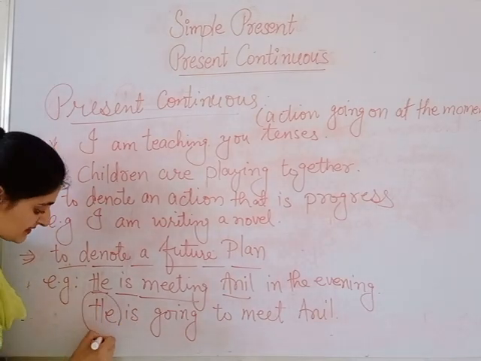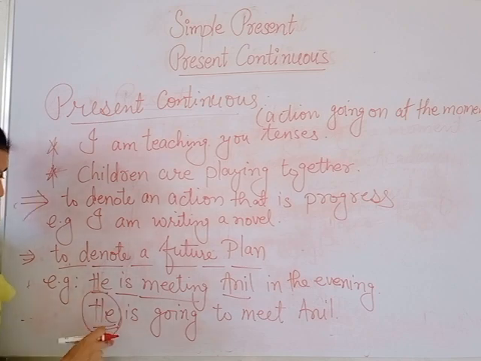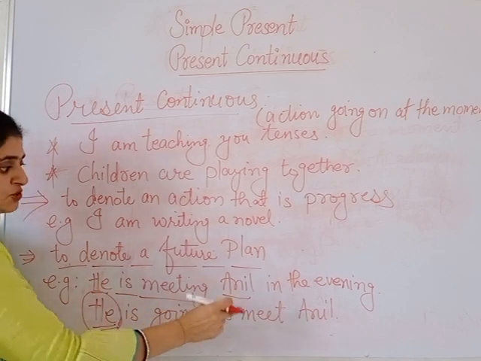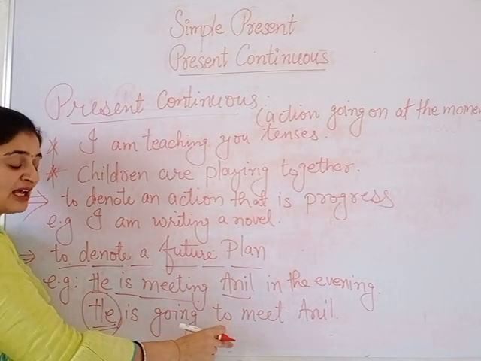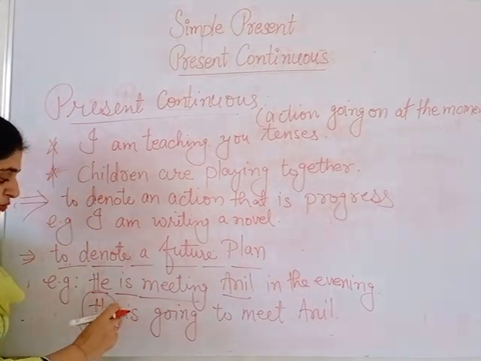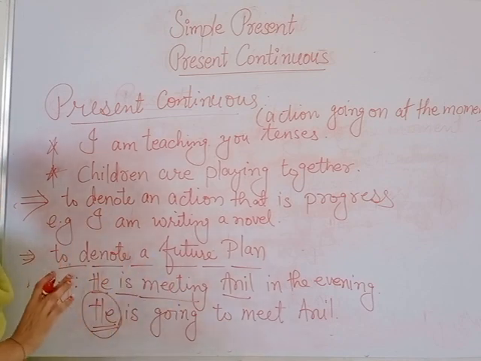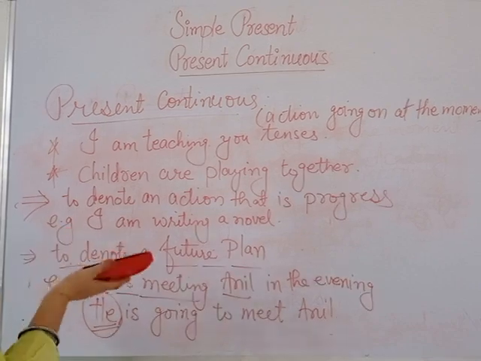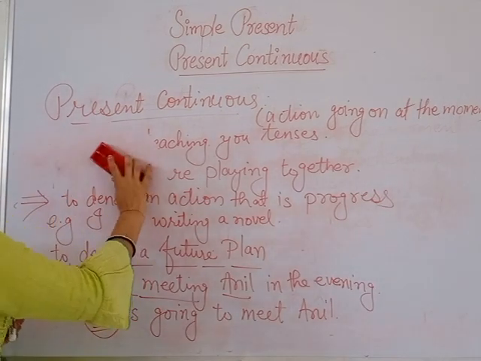Here only this male person knows that he is going to meet Anil. Means it's his desire to meet Anil. But Anil does not know the timing when he would visit. Clear? Okay. So let us proceed further towards the next uses of present continuous tense.